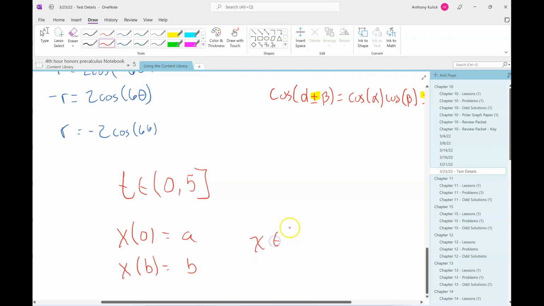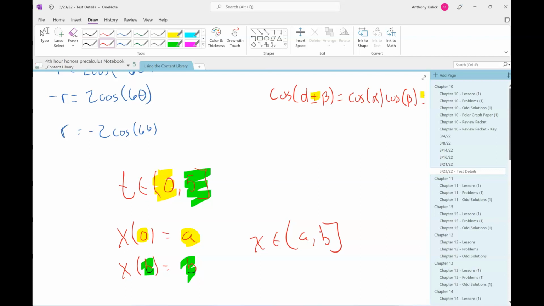When I write my domain, since 0 had a parenthesis, the value that results from 0 is also going to get a parenthesis. And since 5 had a bracket, the result that comes from 5 would also get a bracket. That's basically what you're asking, right? I tried to make it arbitrary enough that you get the idea. Is that cool? Okay. So it just depends on whether the value is included in the interval for t. Okay.